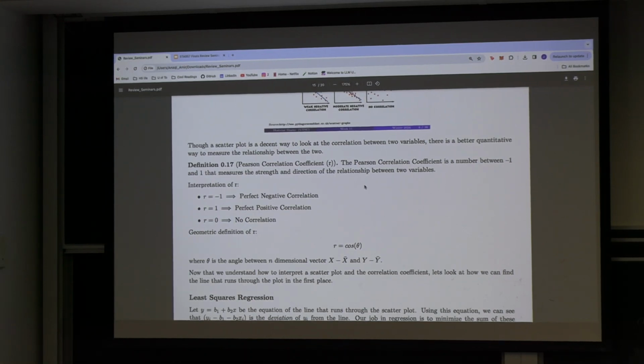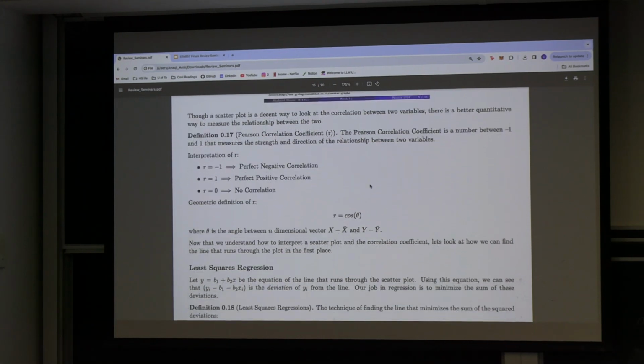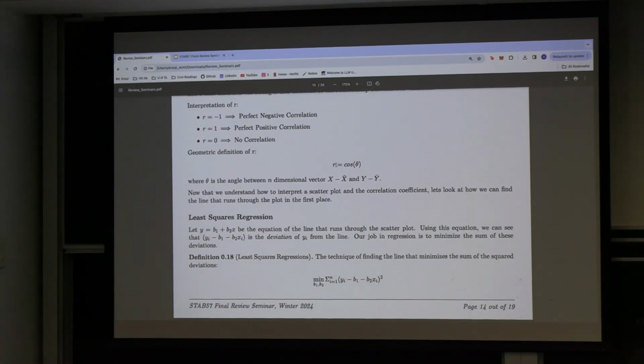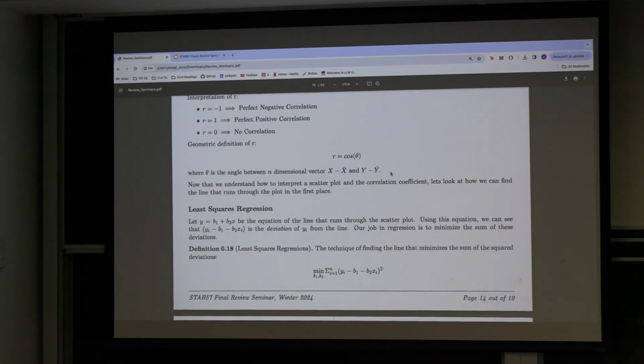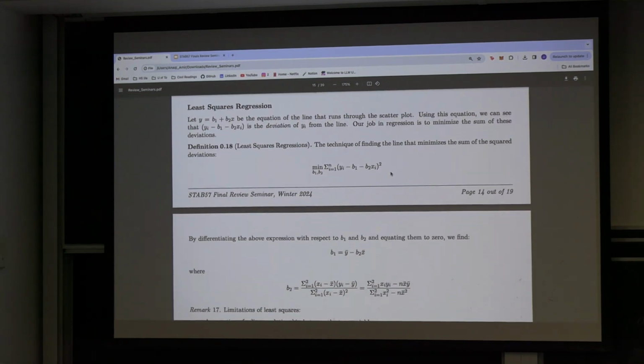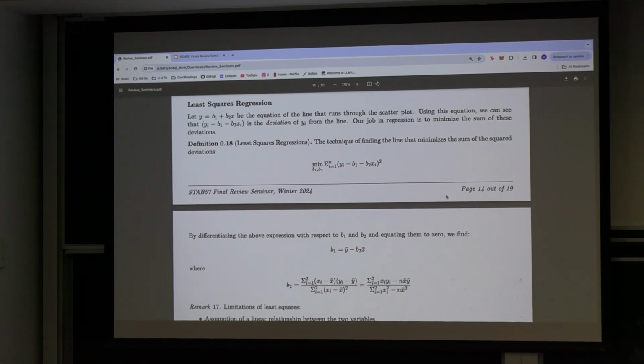If R is -1, it's a perfect negative correlation. Conversely, if R equals 1, it's a perfect positive correlation. And if R equals 0, then there's no correlation at all. Here is a geometric definition of R. You don't need to know this, I think, so I'm just going to skim past that. So now that's the correlation.